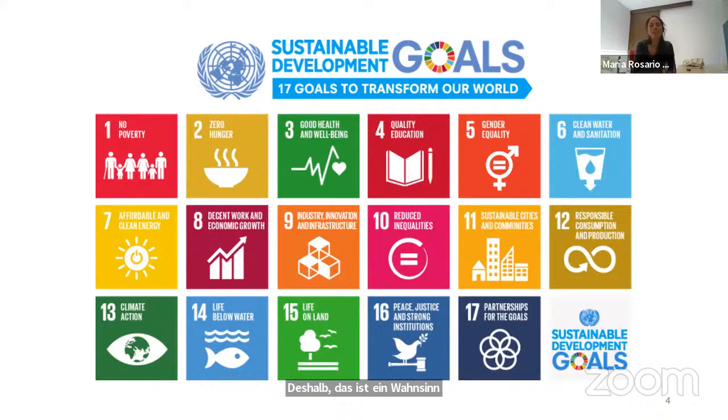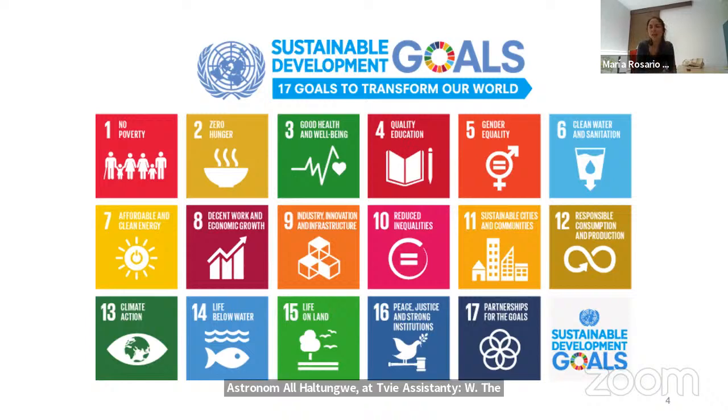So we are getting close to the date. There are different studies trying to assess how far we are in reaching some of the goals. But what is interesting about this approach is that it gives more concrete actions and also examples of how we can become more sustainable, or how we can achieve this sustainable development.